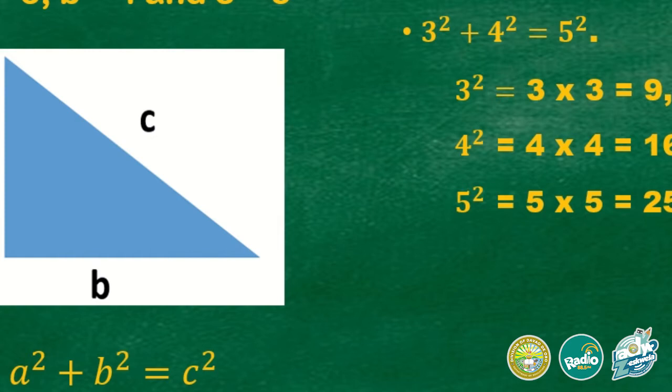Let's check to see if the Pythagorean theorem is really true. If you add the squared amounts of a and b, which are 9 and 16, they really do equal the squared amount of c, which is 25.